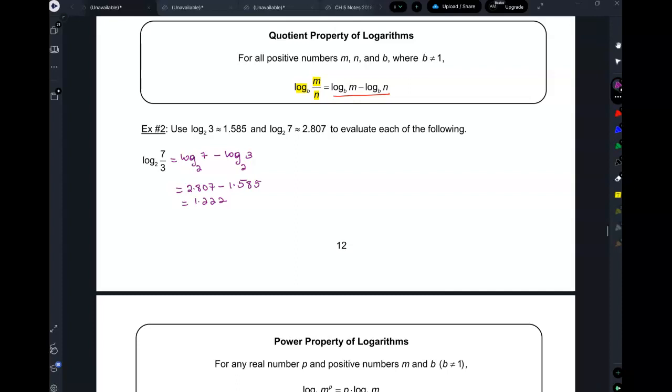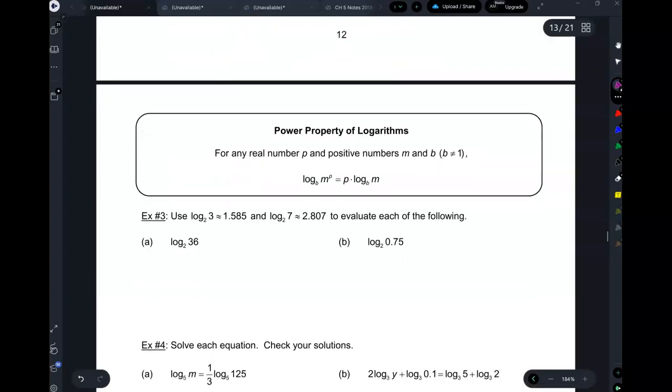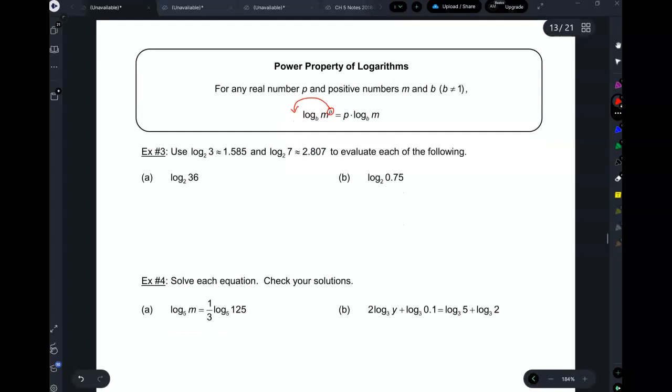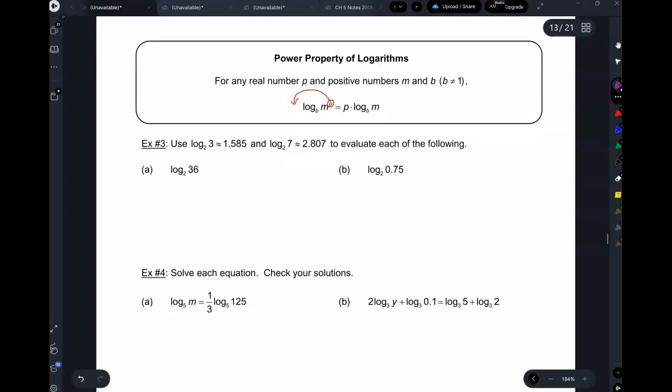Okay, so the next thing, the third property of logarithms, is the power property. Basically, if you have log base b of m to the power of something, that exponent comes down and becomes a coefficient of it all. Okay? So let's take a look at this one. Now we're going to have log of 3, log of 7.